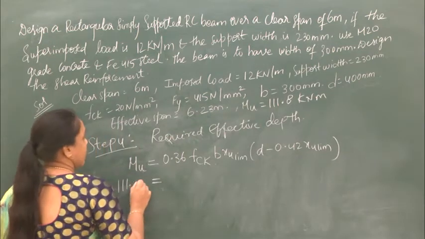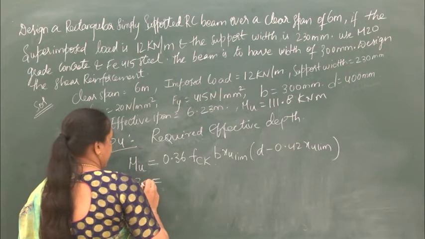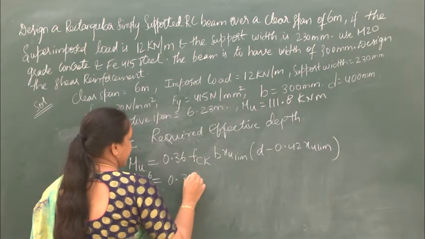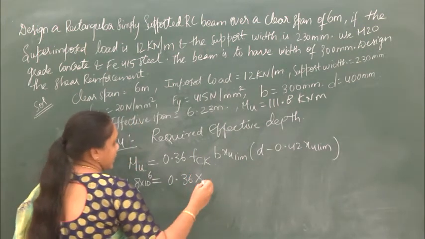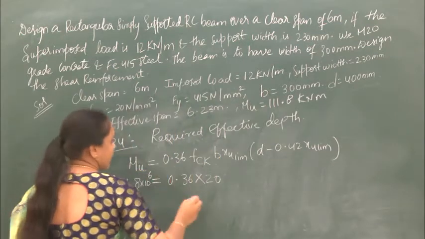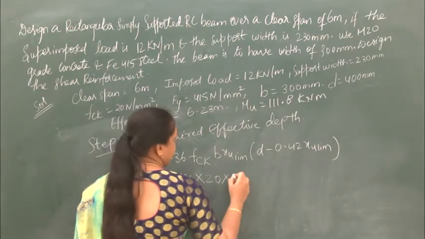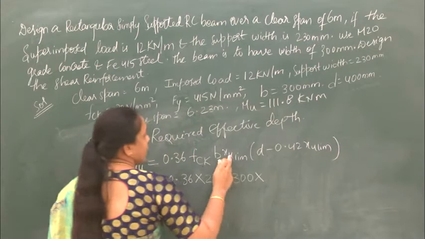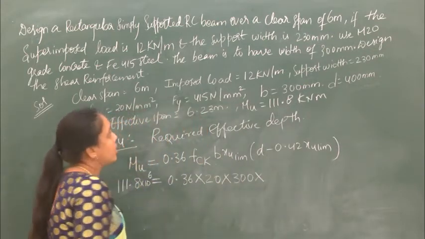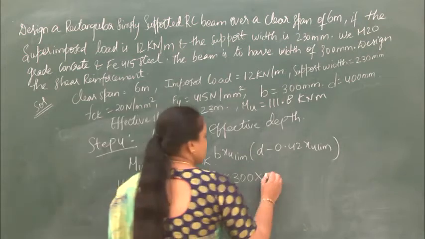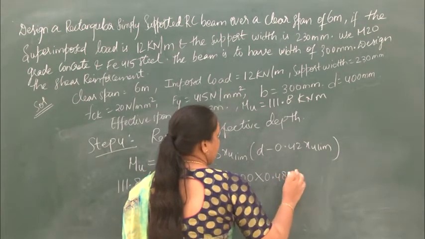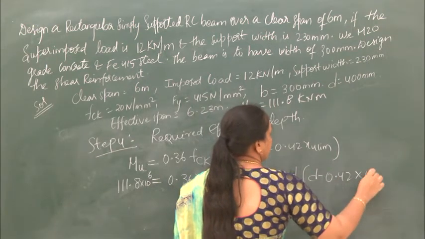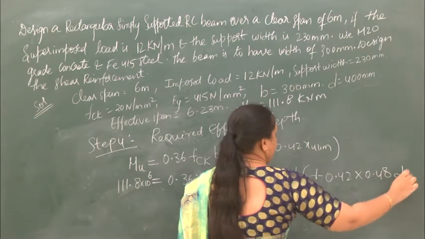So 311.8 into 10 to the power of 6 is equal to 0.36 into fck, where fck is the grade of the concrete, which is 20, into b, where b is the breadth, which is 300, into xu limit. What is the grade of steel here? It is 415. So xu limit is 0.48 into d, so d minus 0.42 into 0.48 into d.